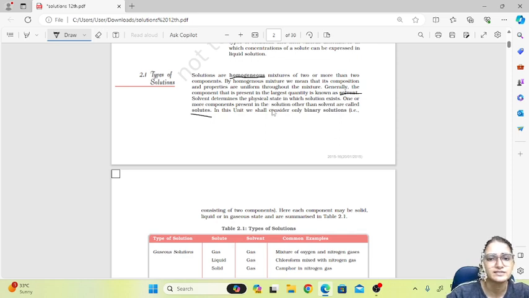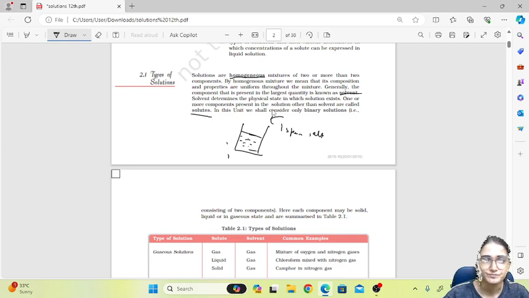Now let us take one example. I have a glass, and in that there is water, and if I put 1 spoon of salt in this water, then I can see that the salt gets dissolved in water.